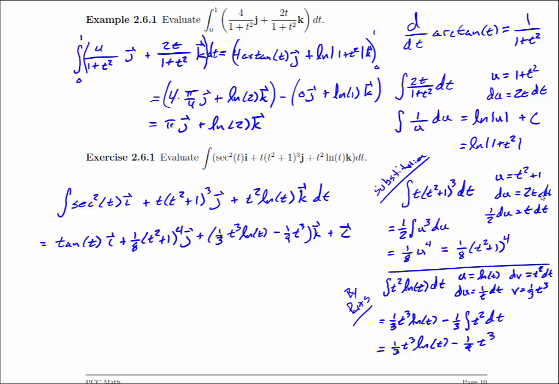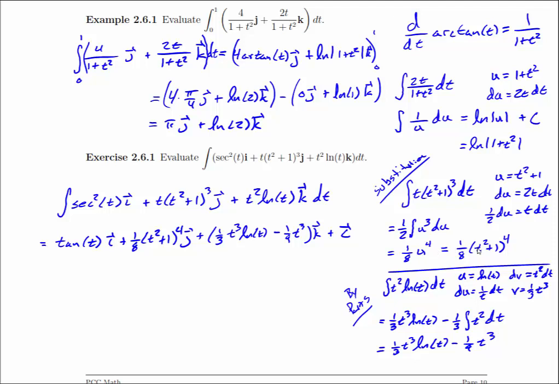So I do this, du equals 2t dt. I moved the 2 over to the other side, so t dt, which I see here, is 1/2 du. So this t dt gets replaced by 1/2 du. The t squared plus 1 gets replaced by u, and the cube just stays right there. So I can then take the antiderivative of u cubed, which gives me 1/2 times 1/4, which is 1/8, and raise that up by 1.